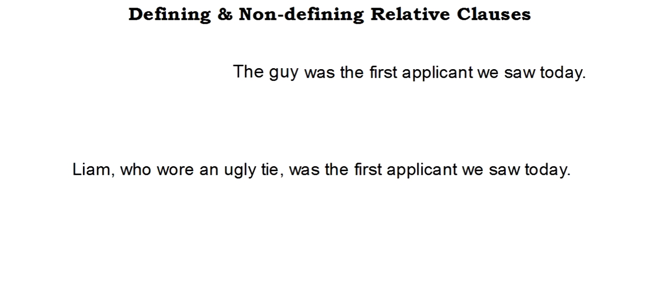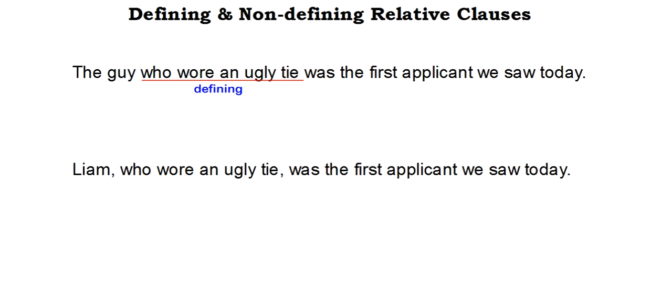The guy was the first applicant we saw today, sure. But it leaves the listener wondering, what guy are you referring to? Unless we've set in context who this guy is, this is sort of an incomplete idea. So the relative clause, who wore an ugly tie, helps establish who the guy is. It defines him. It is a defining clause.